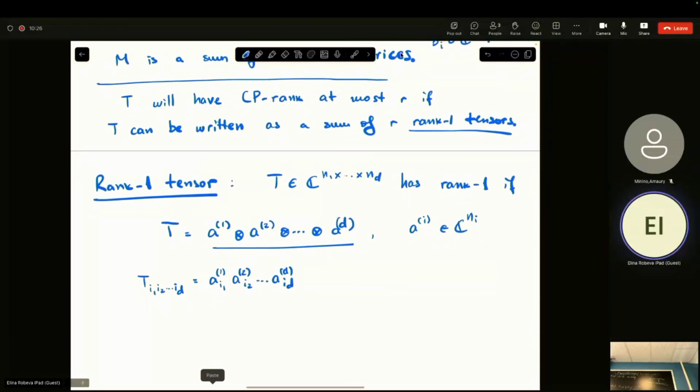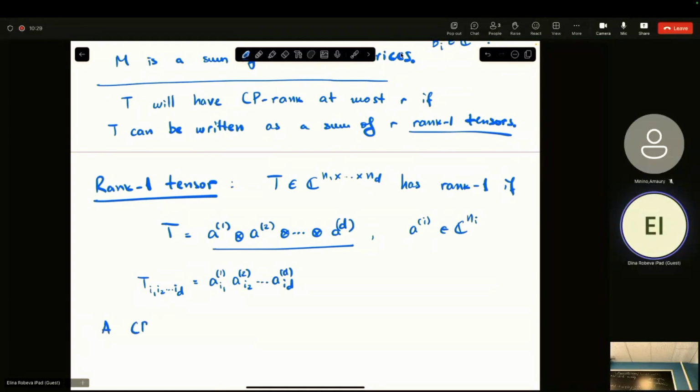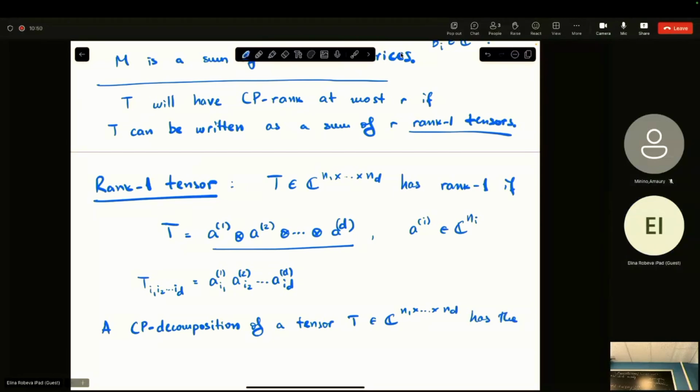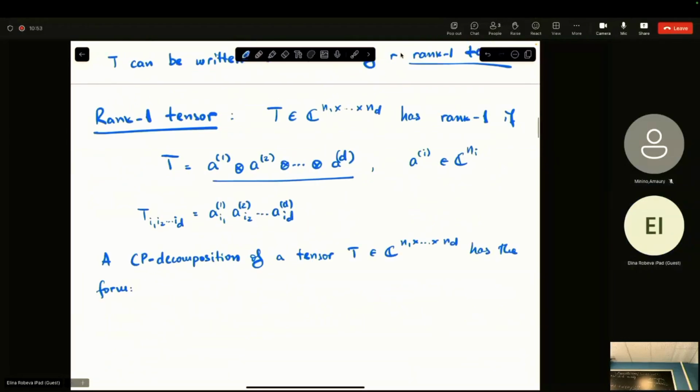So a CP decomposition of a tensor T has the form T equals the sum for I from 1 to R of A1 I tensor A2 I, and so on.